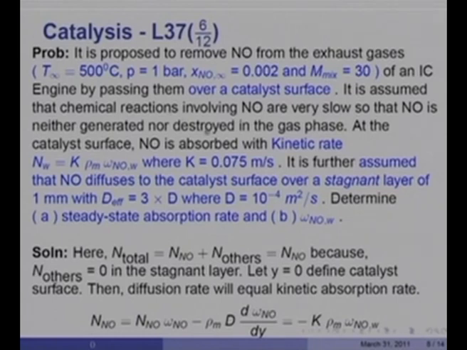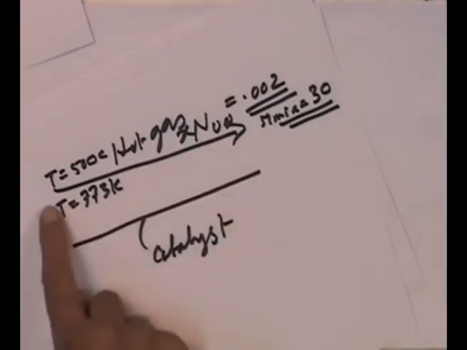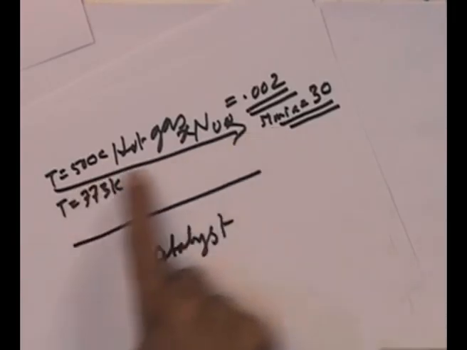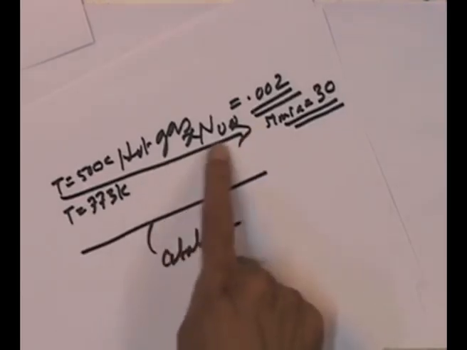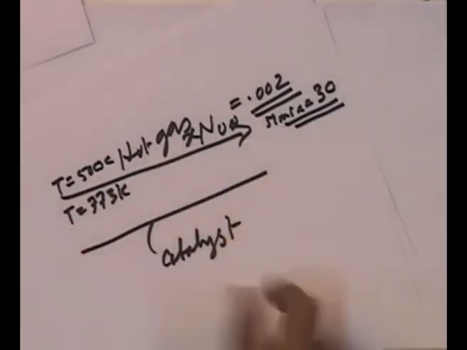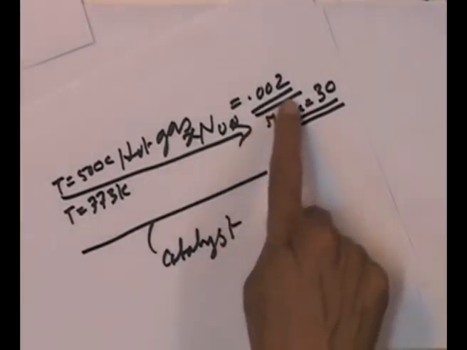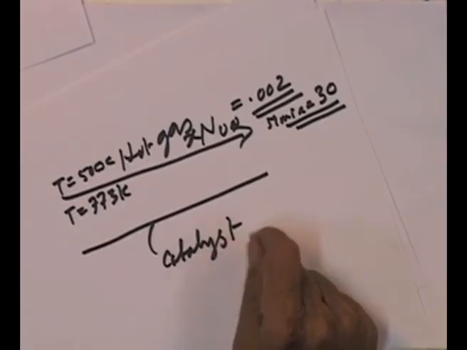In other words, over the entire flow of the gas over this surface, NO does not react with any other species in the gas, and therefore, the concentration of NO essentially remains constant. It is neither destroyed nor generated over this length of the surface. So, we can take NO as absolutely constant, 0.002, which is the mass fraction of NO as given.